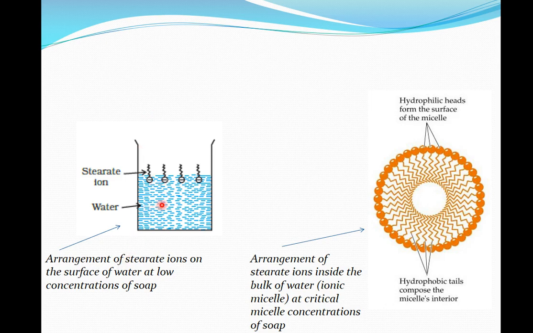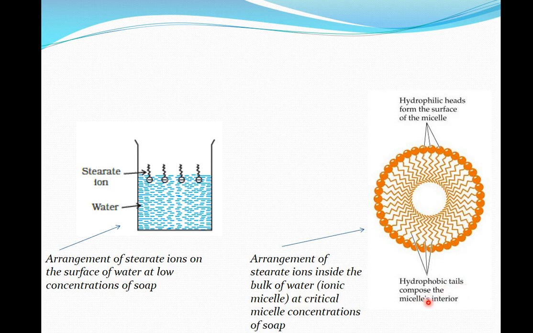In the water, these soap molecules arrange themselves like this. The hydrocarbon chain is hydrophobic, so it remains outside the water, whereas the polar heads of the tadpole containing the COO negative group are suspended in the water. Inside the water, the soap molecules arrange like this with the hydrophobic tails projecting towards one another.